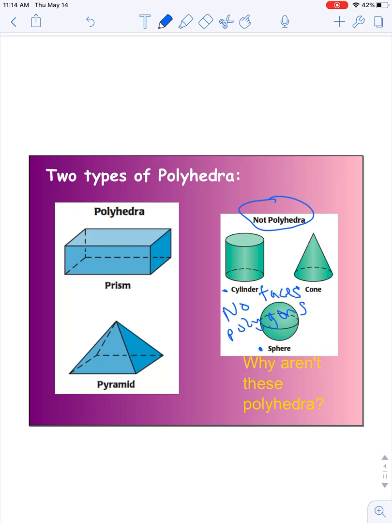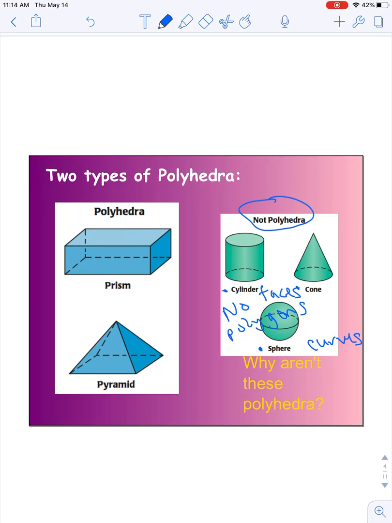Also, it's because of the curves in there. So remember, a polygon is defined by 3 or more line segments joined. These are not line segments. We kind of talk about them in sort of the same way, but that's why these are not polyhedron, because there are no polygon faces to talk about.